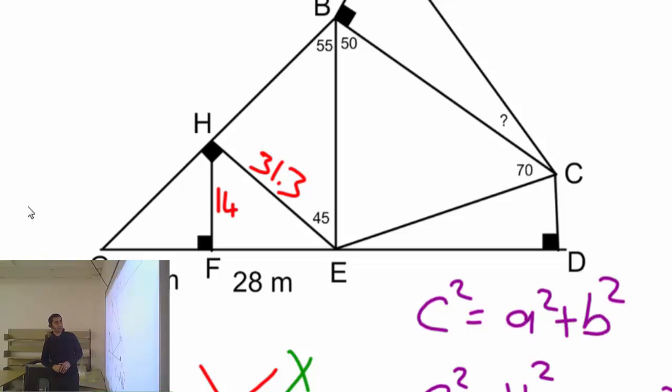Okay, looking at this triangle, I can see that there are two angles given to me. So I can figure out this one.